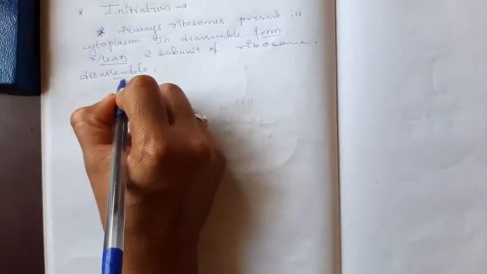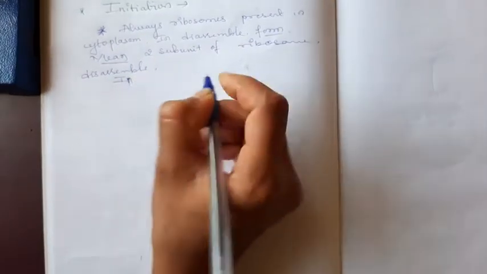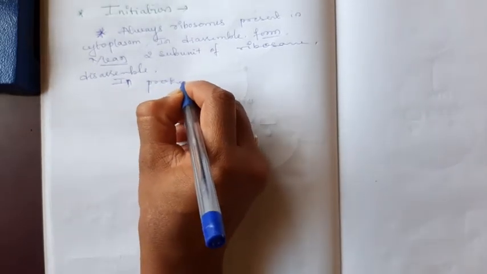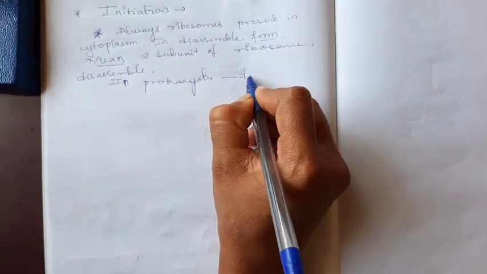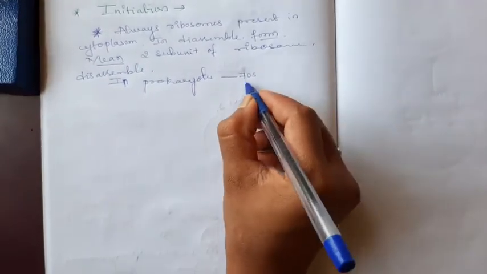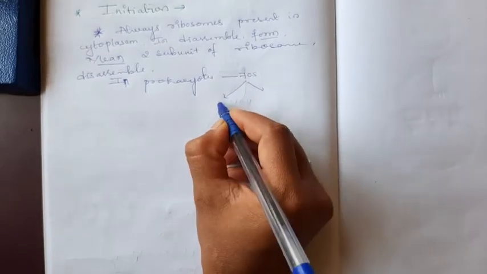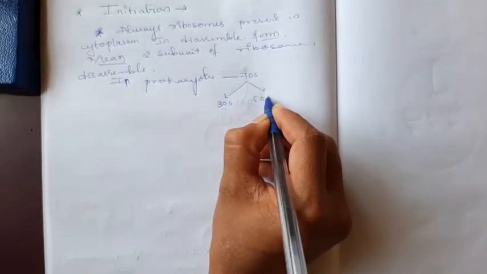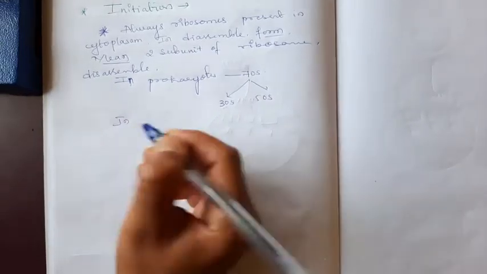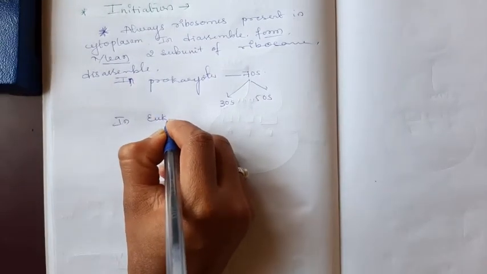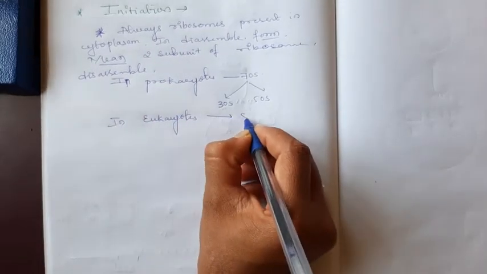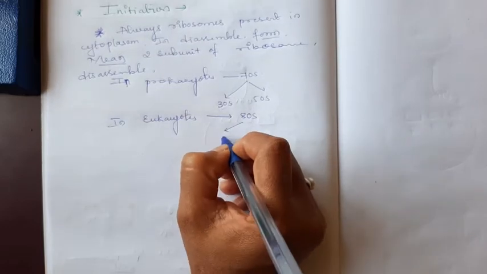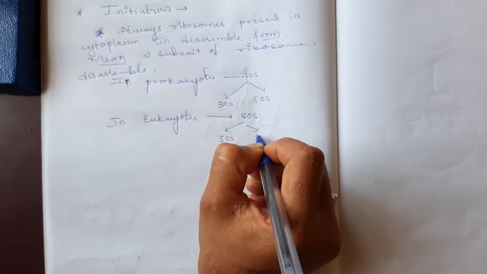Okay, here in prokaryotes, the 70S ribosome has subunits 30S and 50S. In eukaryotes, the ribosome is 80S, with subunits 60S and 40S.